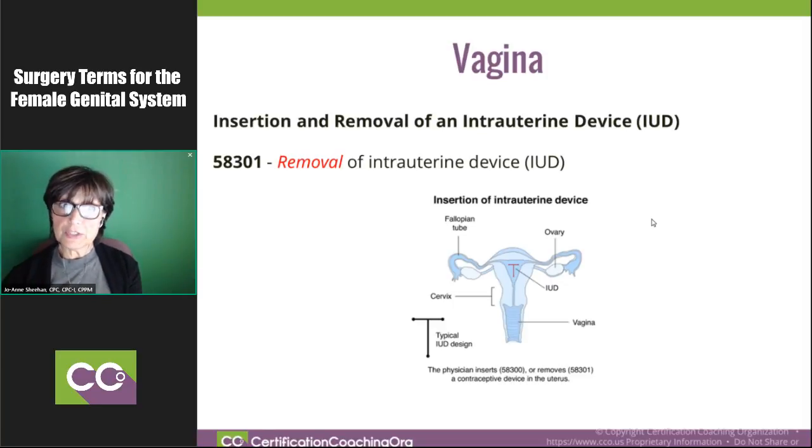Sometimes patients come in, their IUD may have expired after 5 years, so the doctors remove it and they bill for that. And then they want a new one inserted. So you can also bill for the insertion as well as the removal. Make sure you use your modifier. And then again, the HCPCS J code if the doctor supplied the IUD, with the NDC number.